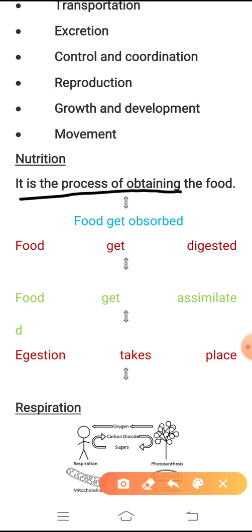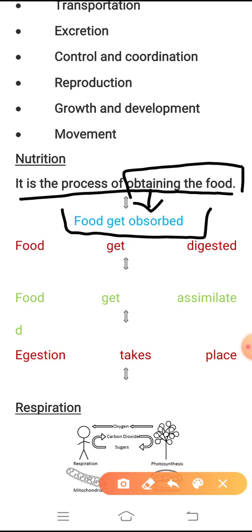Nutrition is a process of obtaining food. What happens once the food is obtained by an organism? They take the food inside the body, then the food gets absorbed.